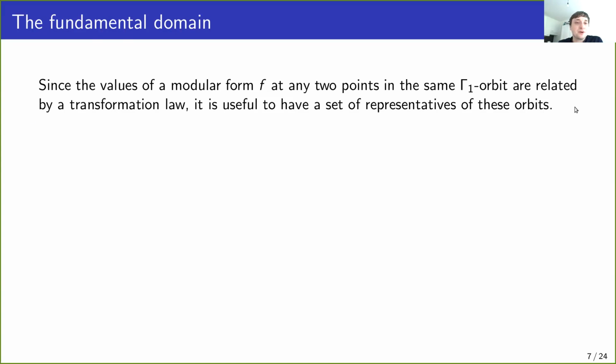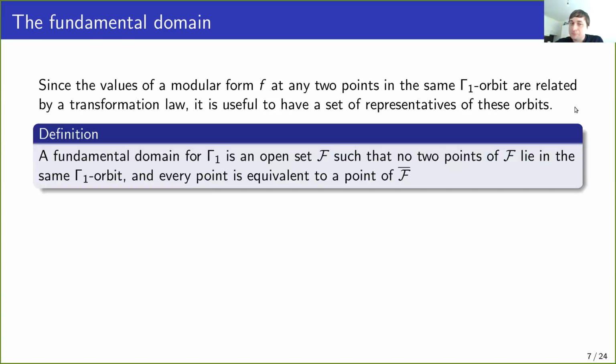And this is accomplished by the notion of the fundamental domain, with some small caveat. A fundamental domain is an open set such that its closure contains representatives of all gamma 1 orbits, but no two points of the set itself are equivalent under gamma 1.